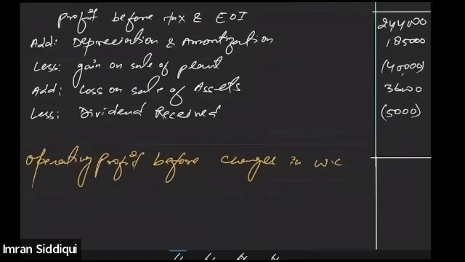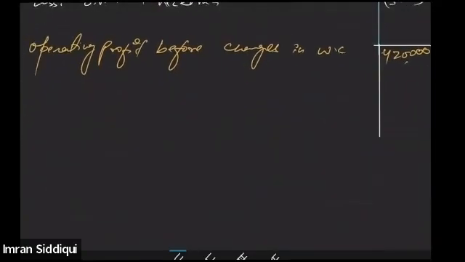So this should be 2,44,000, adding 36,000 and 1,85,000 in it and subtracting 40,000 and 5,000. So we should be getting 4,20,000. All right, is it clear now?